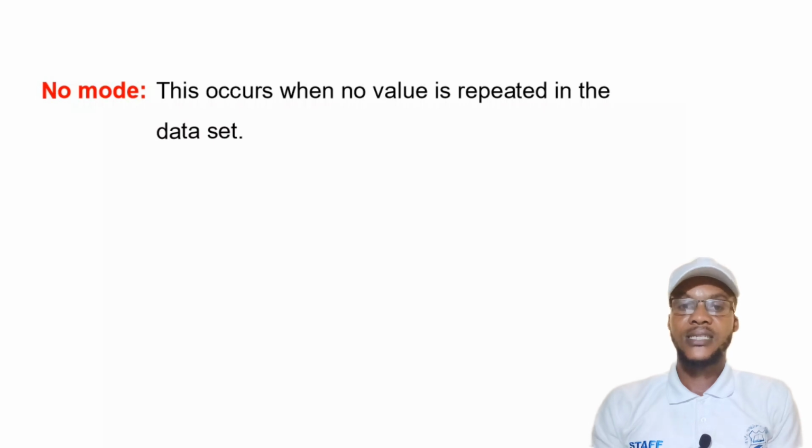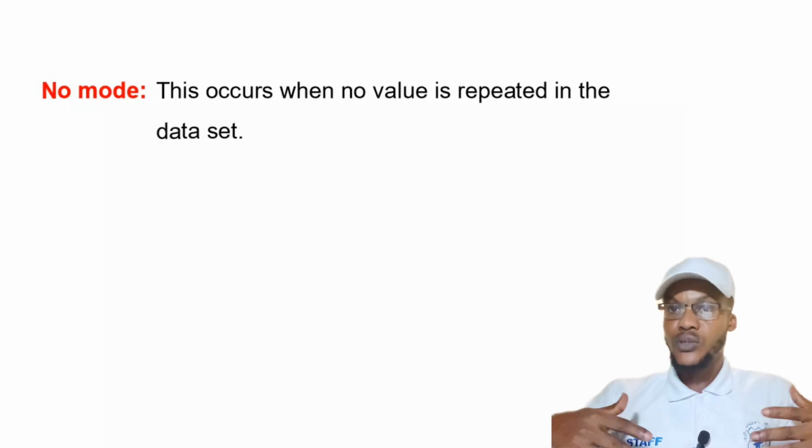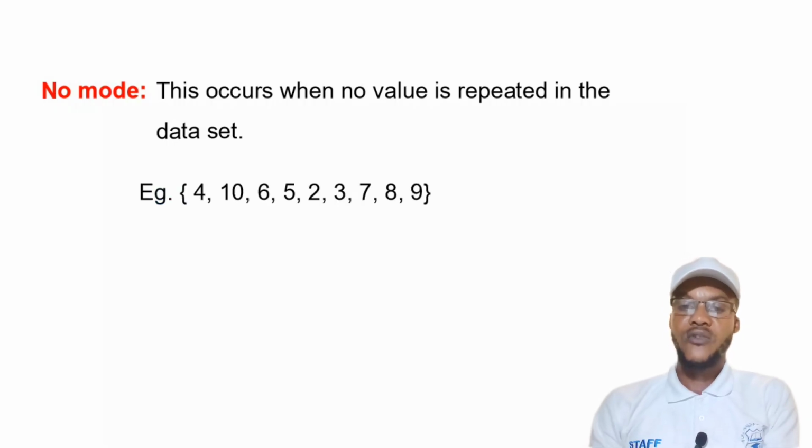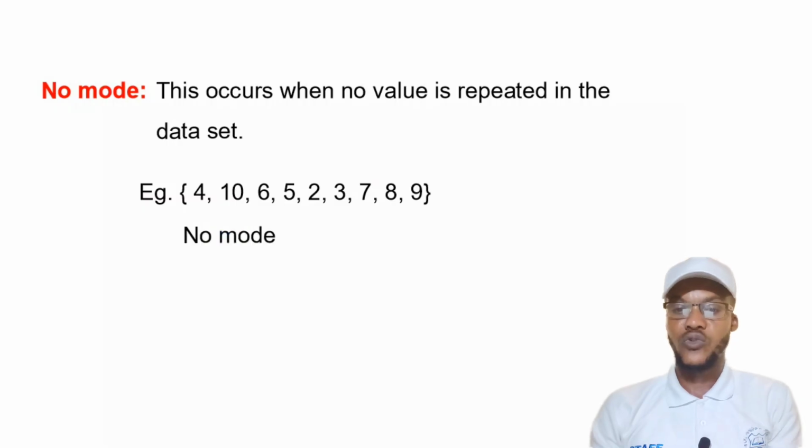When a question asks you to find the mode in a situation like that, the answer you write is no mode. That is the only answer you write. For instance, if you take this example, you realize that all of them occur once. You don't have any number repeating itself or occurring more than any other number. So the answer is no mode.